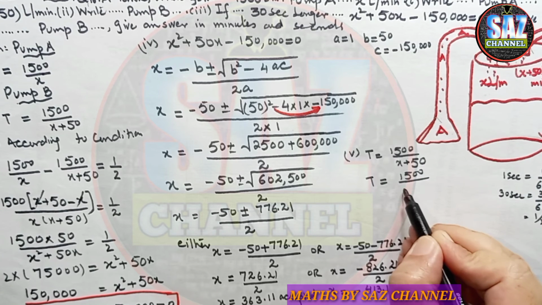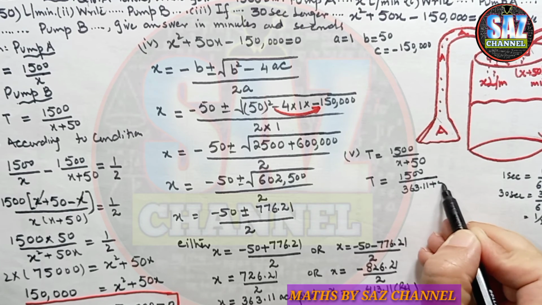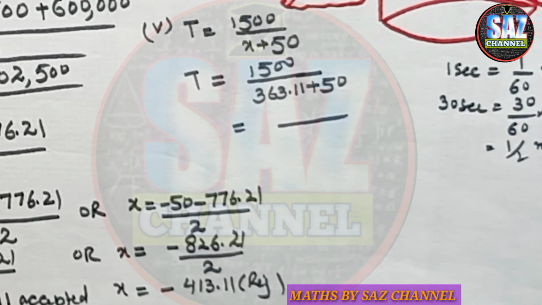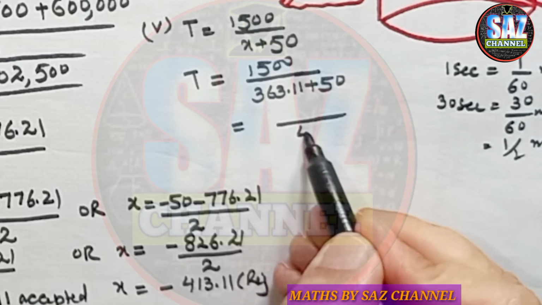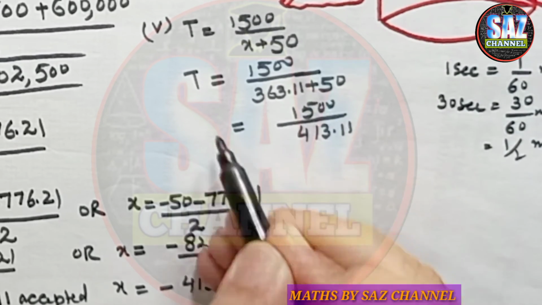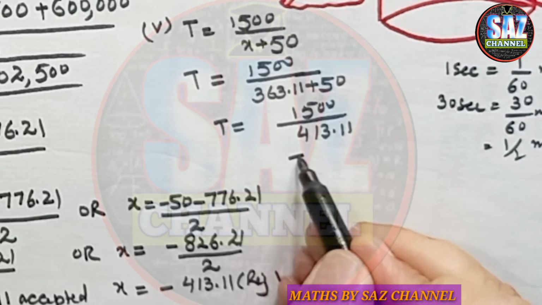So 1500 upon 363.11 plus 50 will give me 413.11, with 1500 in the numerator. Now divide 1500 by 413.11, and that is 3.63.